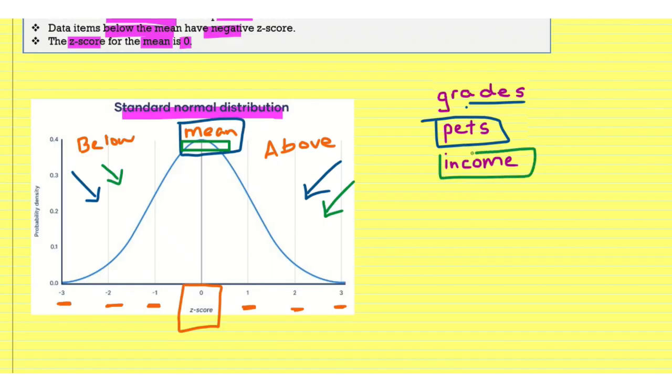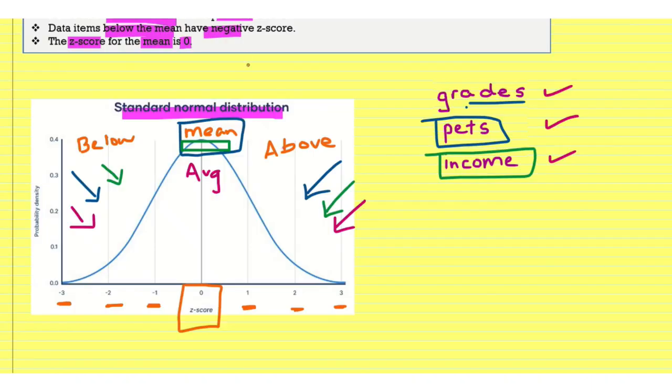Also, income. Income can be expressed in terms of an average income, and every state has a different average income. But there are people who will make above average incomes and people who will make below average incomes. So these are just 3 different data sets that could be represented by a standard normal distribution.